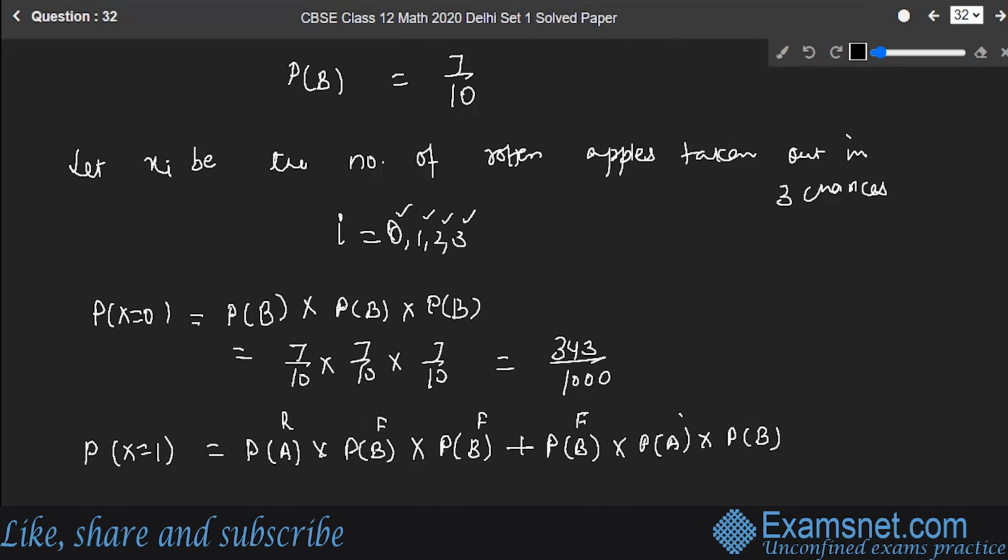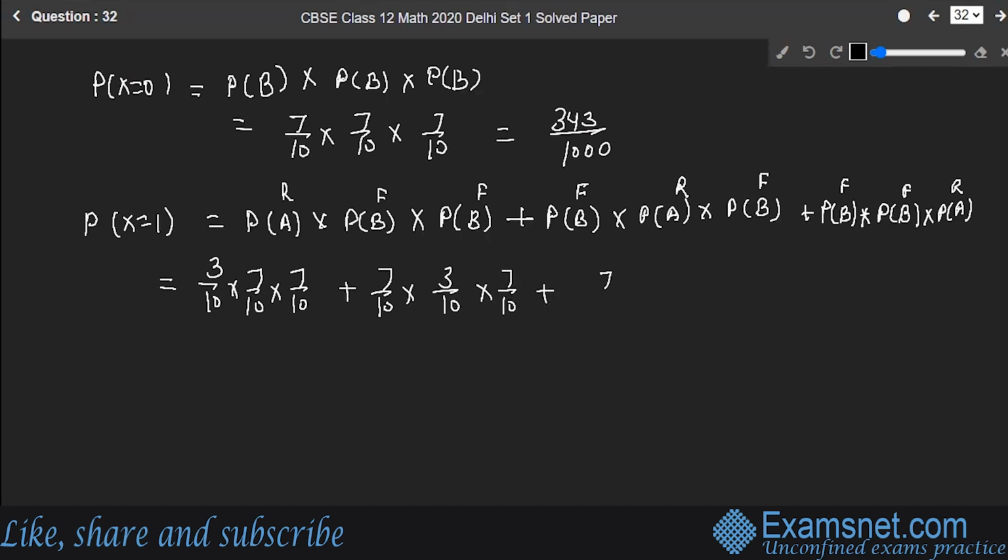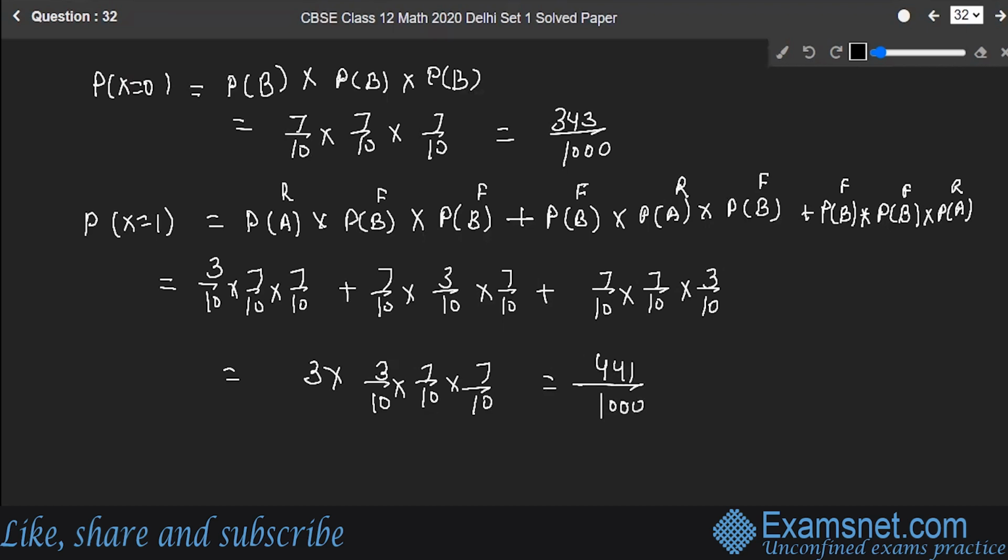So this is equal to 3 upon 10 into 7 upon 10 into 7 upon 10, plus 7 upon 10 into 3 upon 10 into 7 upon 10, plus 7 upon 10 into 7 upon 10 into 3 upon 10, which is equal to 3 into 3 upon 10 into 7 upon 10 into 7 upon 10, which will give you a total of 441 upon 1,000.